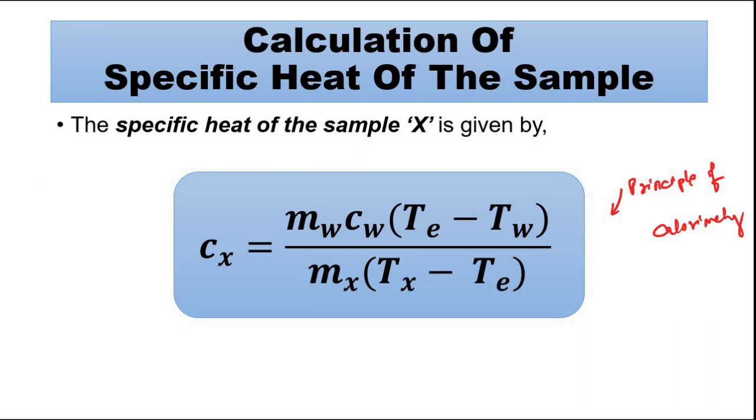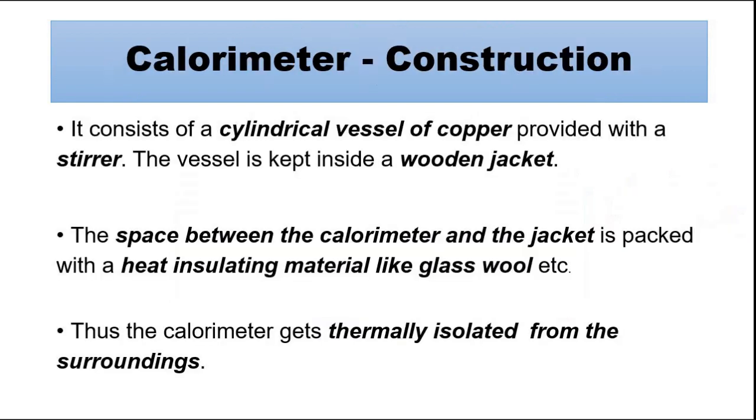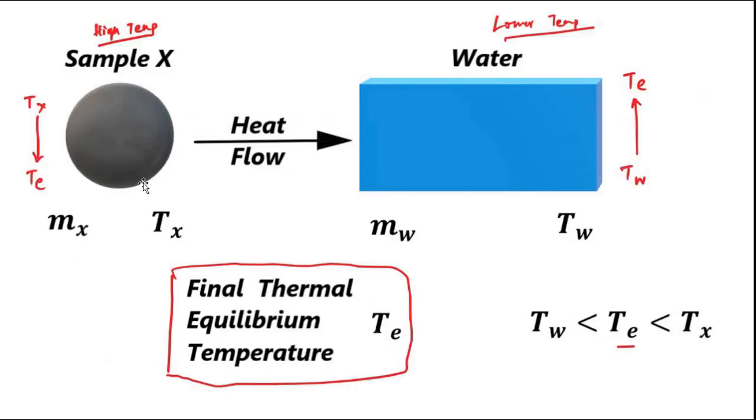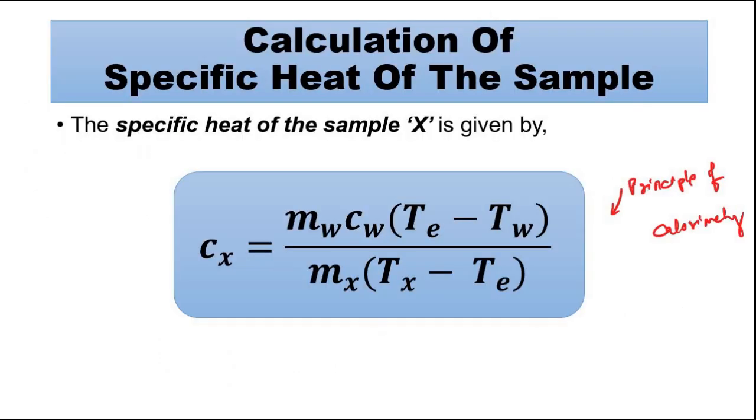Here, using the principle of calorimetry, the law of conservation of energy, and the heat loss and heat gain equations through specific heat, we have determined the specific heat of this unknown sample, where everything else was known: mass, temperature, and specific heat of the cold object, water in this case. So here we have calculated that.